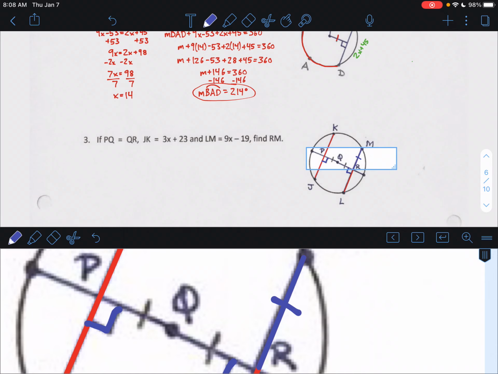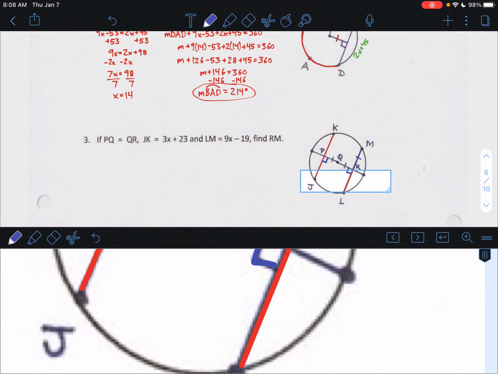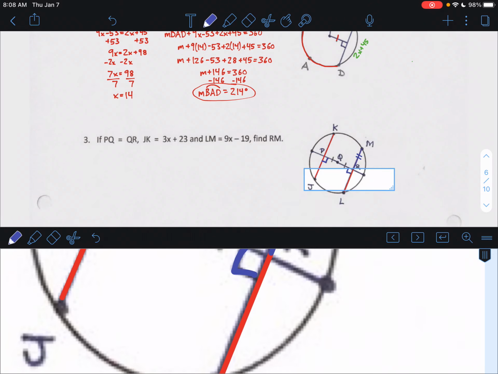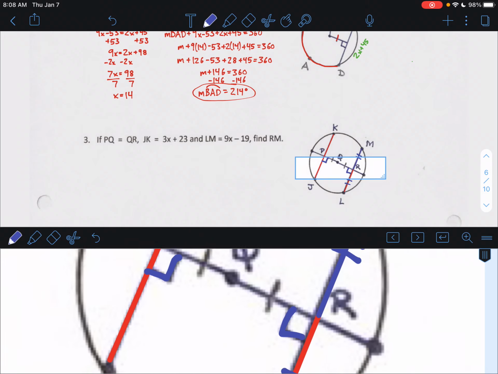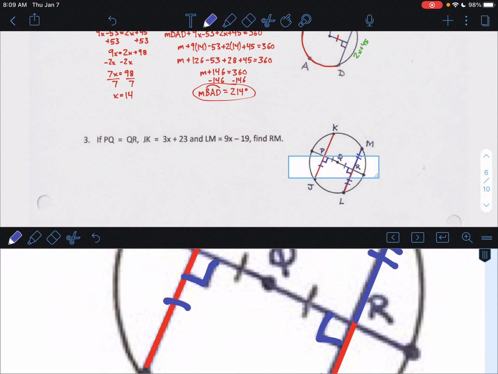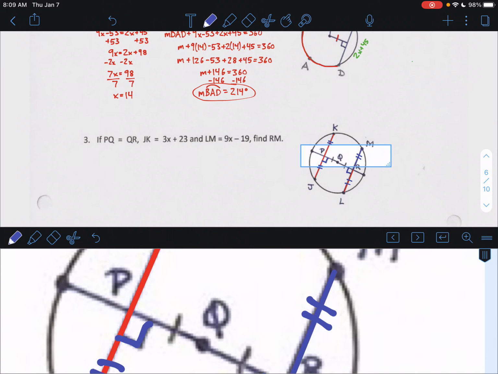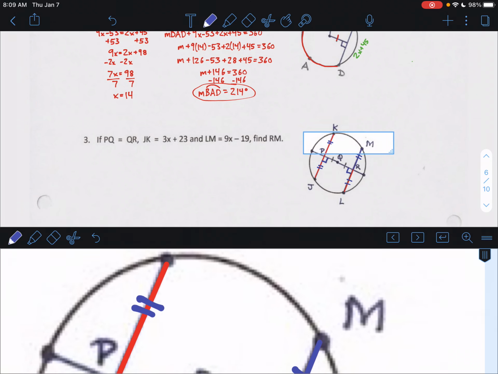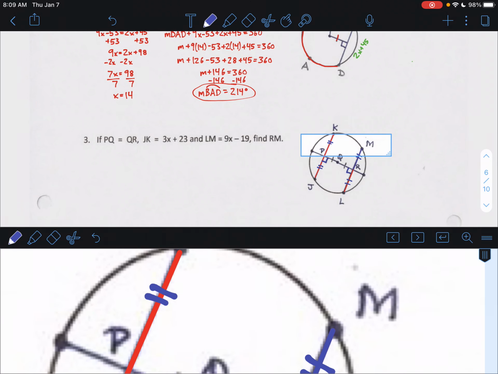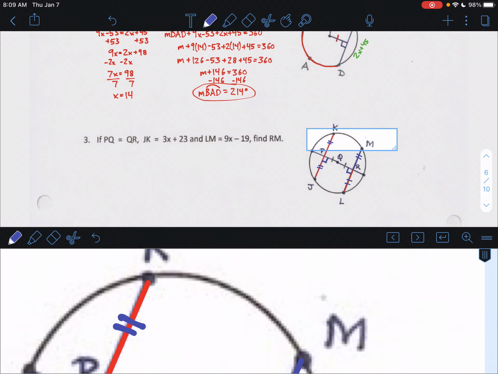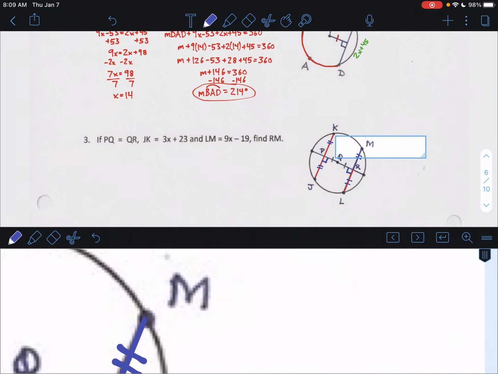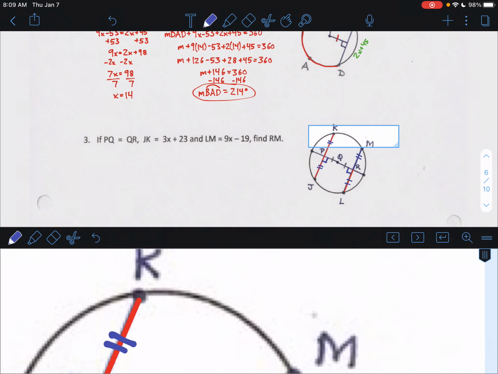So I can say that MR, actually I should mark that with 2 markings, MR is going to be congruent to RL, and likewise JP is going to be congruent to PK. And because of that second property we talked about earlier, I know that KJ and ML are congruent to each other.